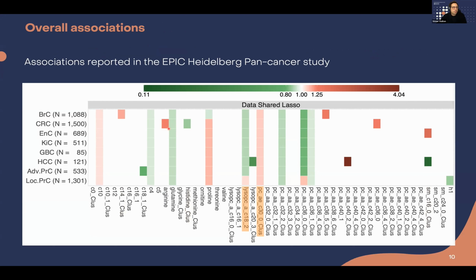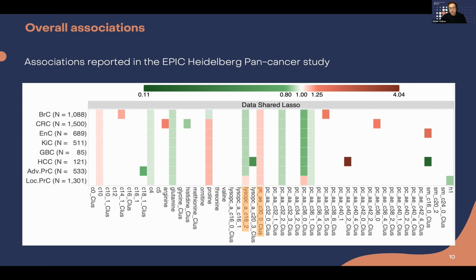Moreover, and maybe more importantly, our analysis allowed the identification of several metabolites that showed a consistent association across different cancer types. First, we were able to replicate some of the findings of the EPIC Heidelberg pan-cancer study that I mentioned earlier in the introduction.